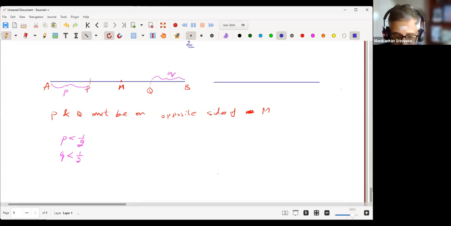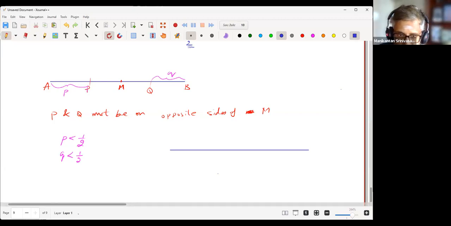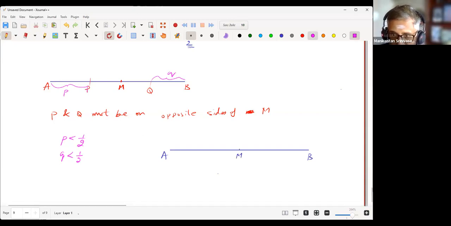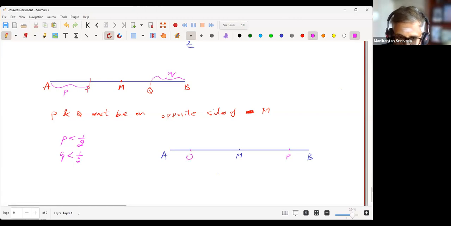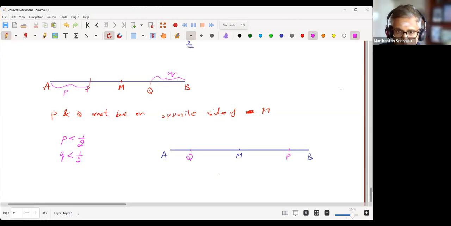I'll draw it here. So this is A, this is B, and let's say both P and Q are more than half. P ends up being here, and then Q ends up being here. That's a minimum condition, that they should be on opposite sides of the midpoint.